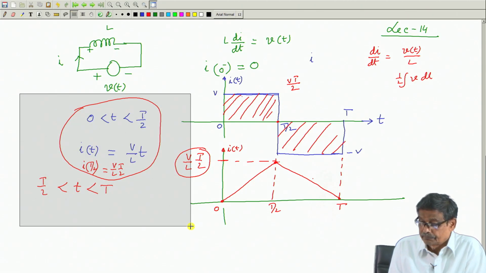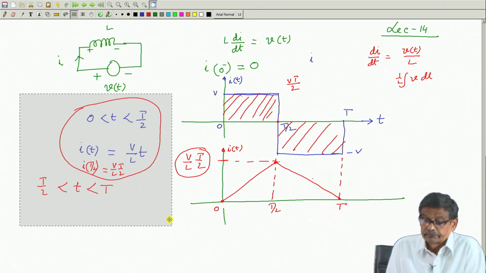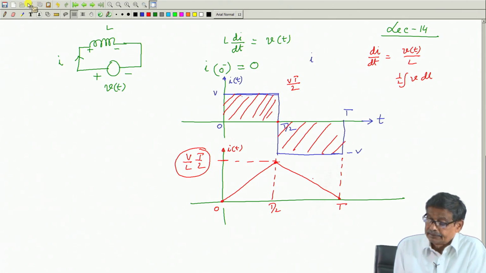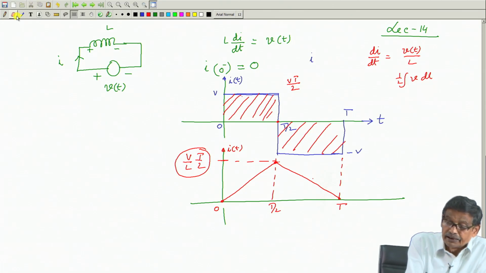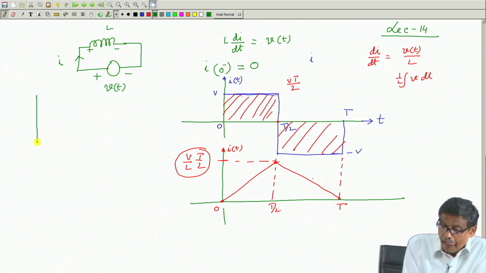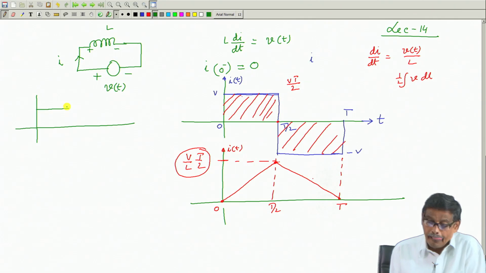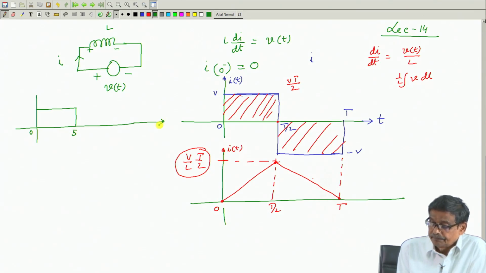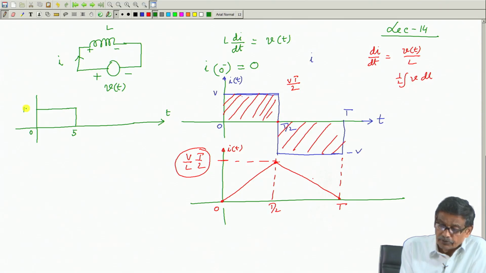Suppose I have applied a voltage which is equal to, I will put some numbers now, 0 to 5 seconds, this is t, and this is, say, 10 volt.